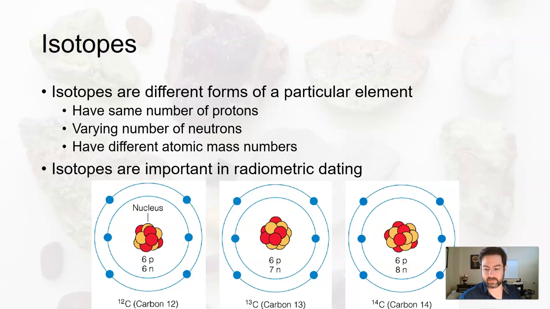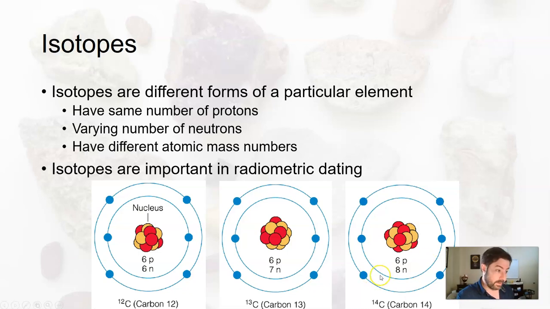We'll explain more about that in a later unit, but long story short, you use fancy equipment to look at different isotopes, see how they're breaking down, figure out the rate at which they break down, and from that you can extrapolate an age of a particular rock or mineral.